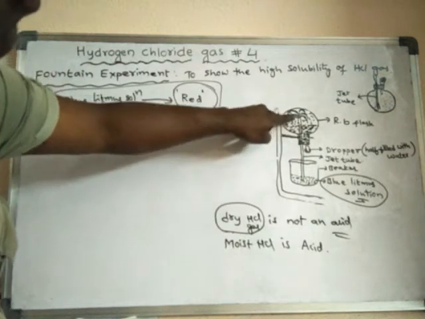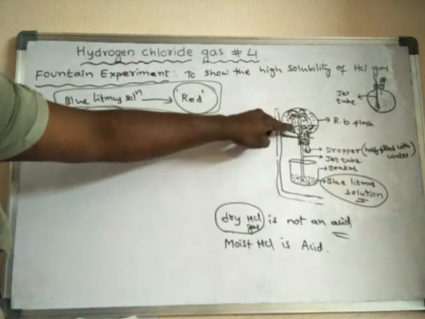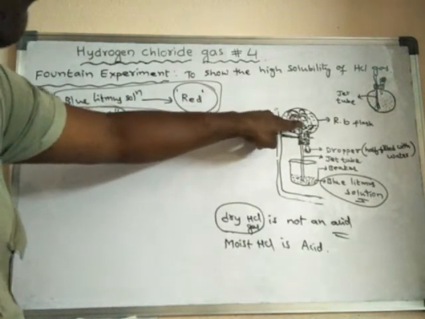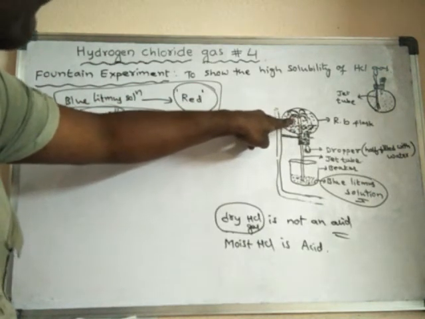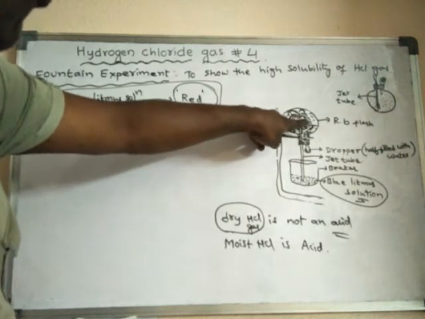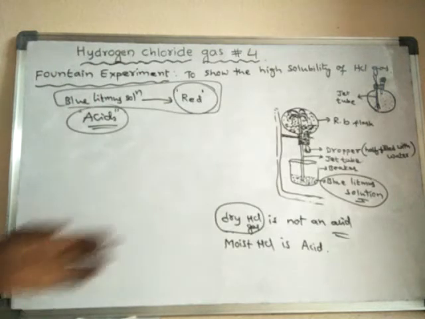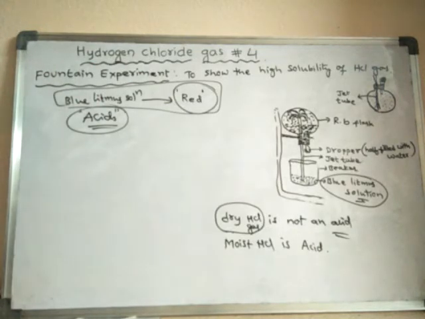That blue litmus solution falls into the round bottom flask, and wherever it contacts the dry HCl gas, it appears red. In this way, this experiment is called the fountain experiment.